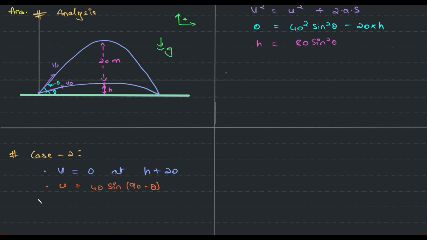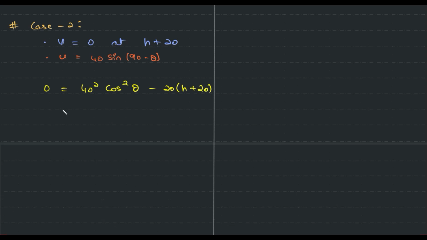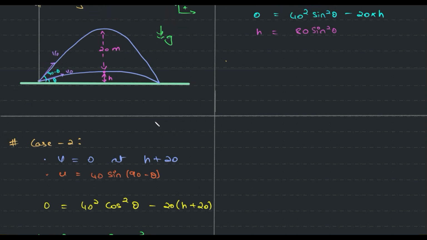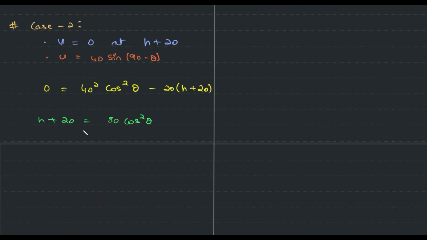And we end up with 0 is equal to 40 squared cos square theta minus 20 times h plus 20. So we have, with a bit of rearrangement, h plus 20 equal to 80 cos square theta. Is that correct? The expressions almost look similar.